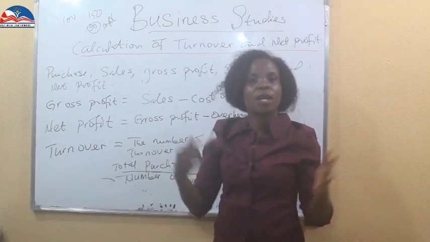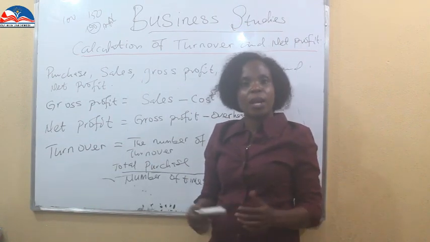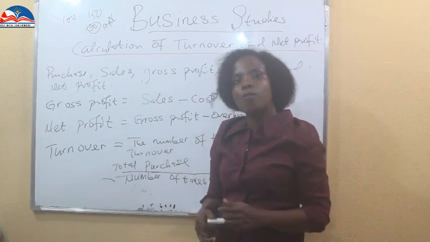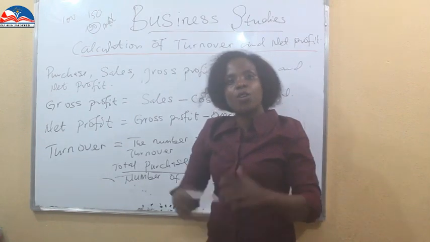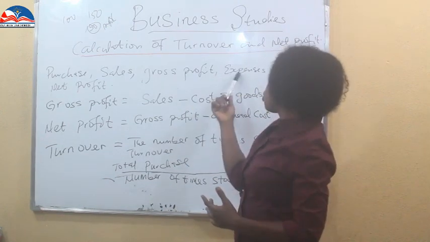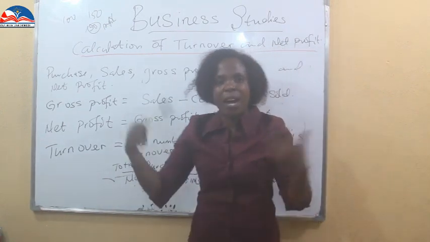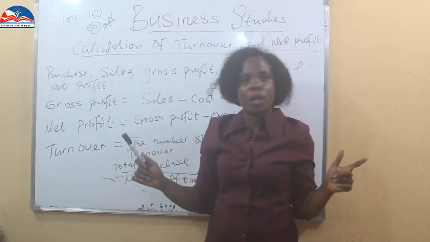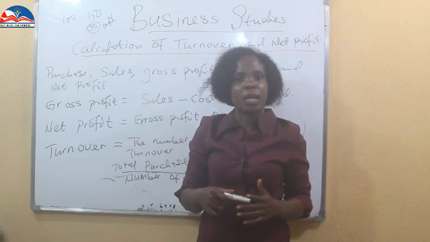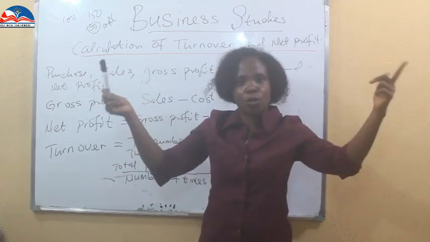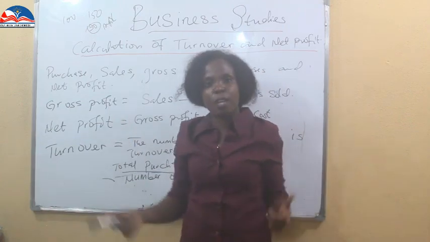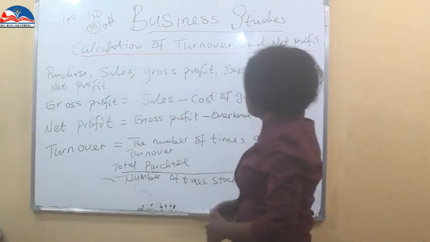You did other things along the line. All of these are added to the cost of that product, and then you will sell. The expenditure incurred is what we call expenses, overhead costs. What is the overhead cost? What are the expenses incurred in purchasing this particular product?